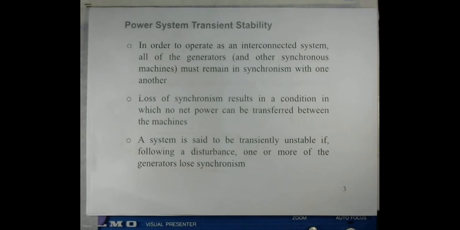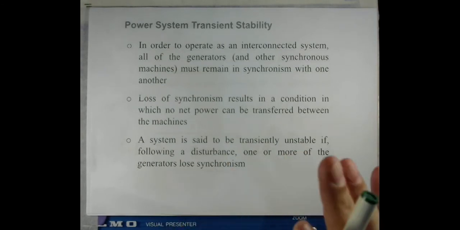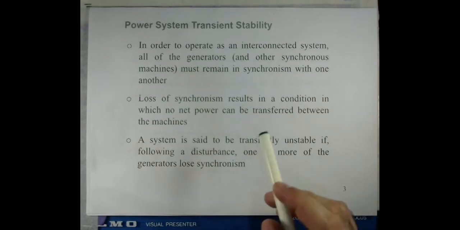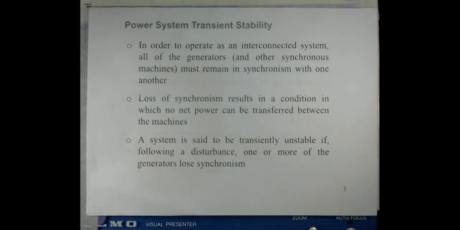So if one of the machines is exposed to a disturbance, and if it loses the synchronism, then that machine will not take part in the transfer of the power. That's why it's important to carry out the transient stability analysis, to know the conditions under which the machine may lose the synchronism.